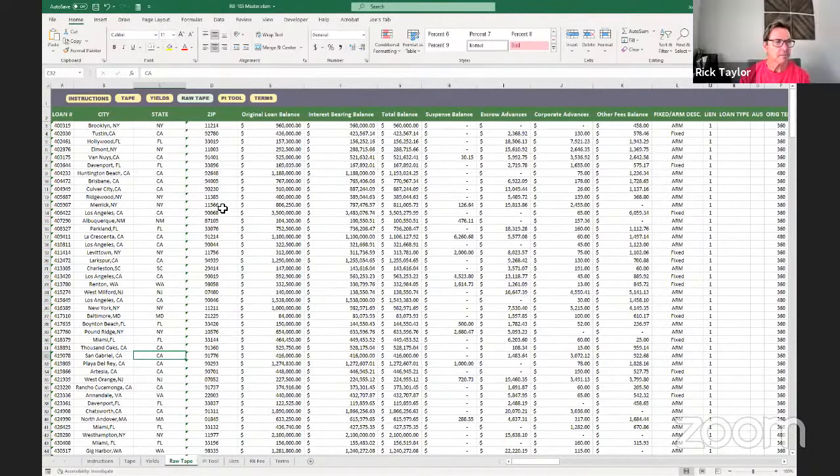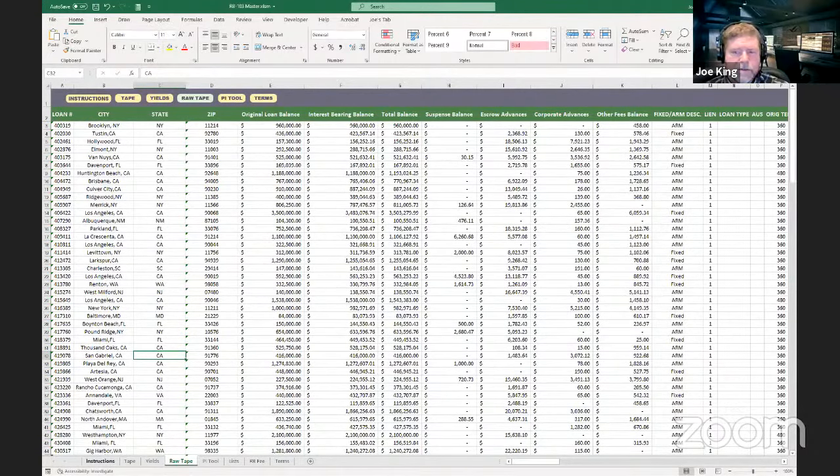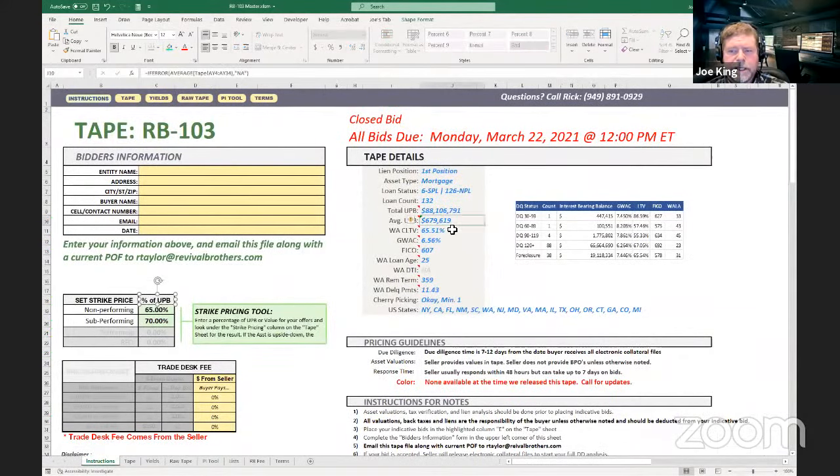Got a question that was asking, how did you quickly tell it was high end? So if I come back to here and I look at the average UPB, let me put on my highlighter here. Hopefully it's easier to see. Is that better?